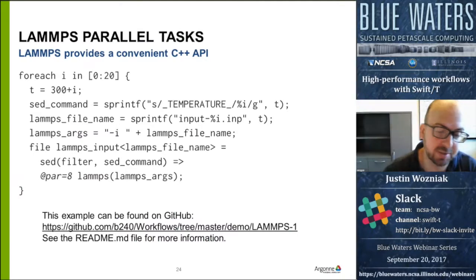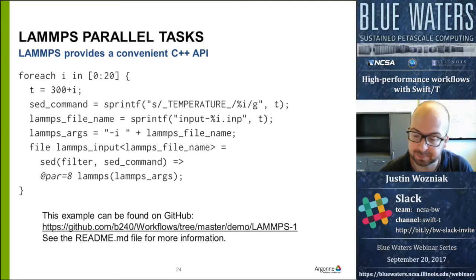Another nice commonly used parallel code is LAMMPS, right? And that has an MPI library interface already where you can pass it a communicator and it'll run. That means it's a great fit for Swift/T. In this little workflow, we're just doing a parameter sweep over temperatures, where each temperature is 300 plus i for a range of i's, and we're doing some string substitution in the input file for LAMMPS, and then running LAMMPS on 8 processes here with its arguments.